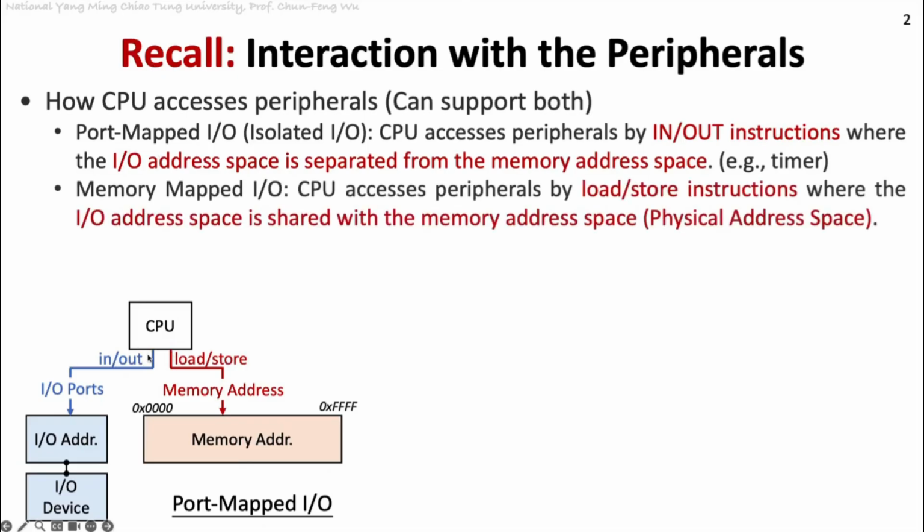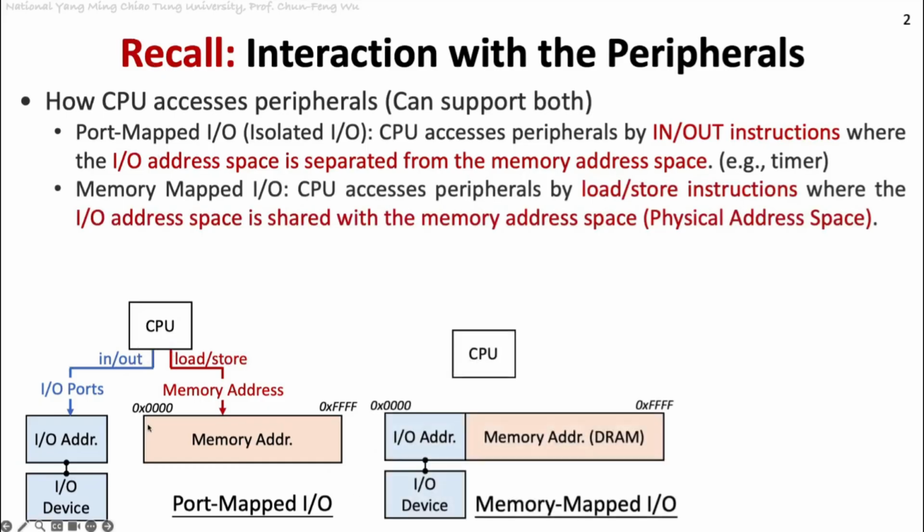And memory mapped I/O, I think you are more familiar with, because memory mapped I/O is just to let the I/O address be mapped onto the memory address space. For 32-bit systems, the virtual memory address space has 32 bits, right? So we just reserve some of the 32 bits for the I/O address.